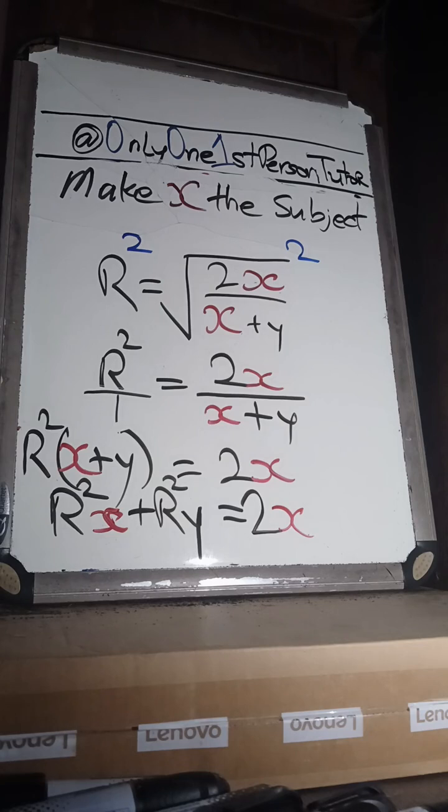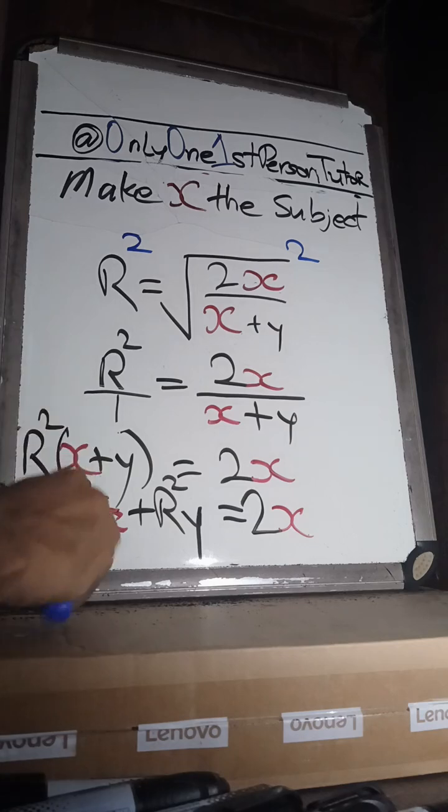Alright, so to be on the safe side, let me minus 2x from both. No, not the 2x, sorry. The r squared x. So let's do that.